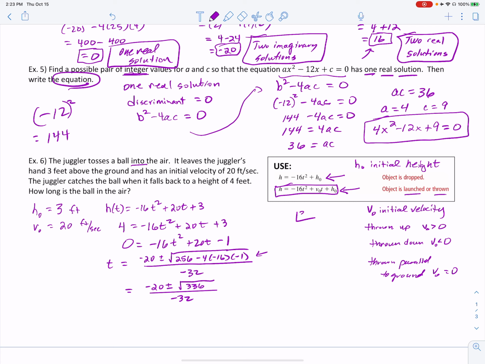Now the 336, if you add up the digits, you get 12. And since 12 is divisible by 3, 336 is. So the latter method of factoring, and then if I add 1 plus 1 plus 2, I get 4.